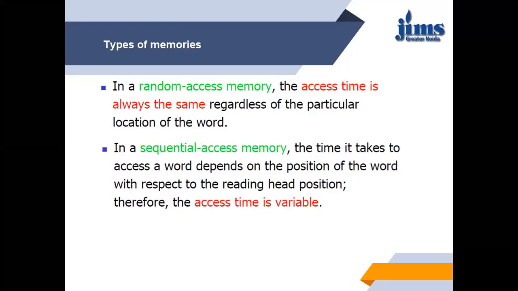It will take less time to go to the first position and more time to go to the 1023 location, because it moves sequentially from the first location to the last. Therefore, the access time is variable depending upon the address.